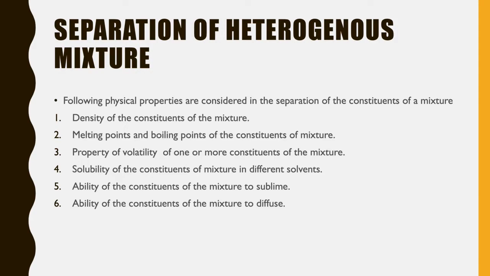So the first one you have to remember is density, second melting point and boiling point, third volatility, fourth solubility, fifth the ability to sublime, and the sixth is the ability to diffuse. These 6 points you have to keep in mind, that based on these 6 physical properties we separate the heterogeneous mixture. Now let us see.